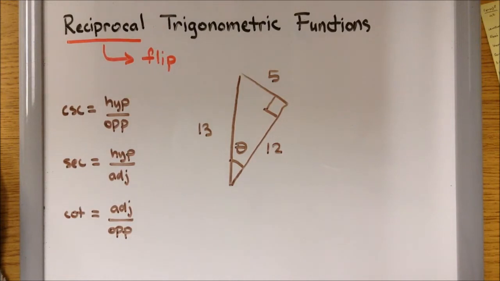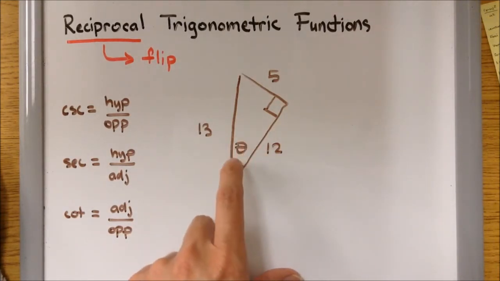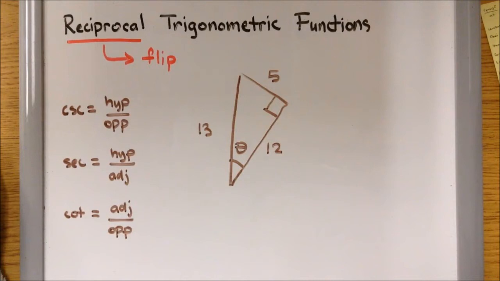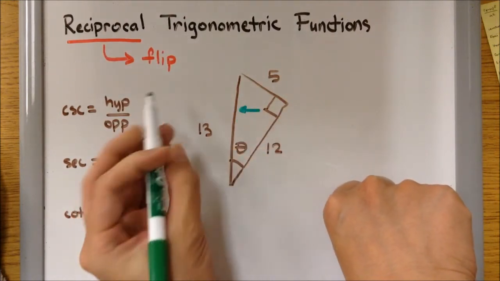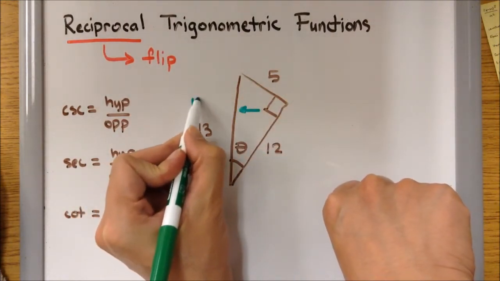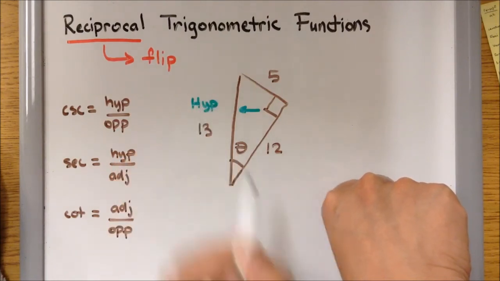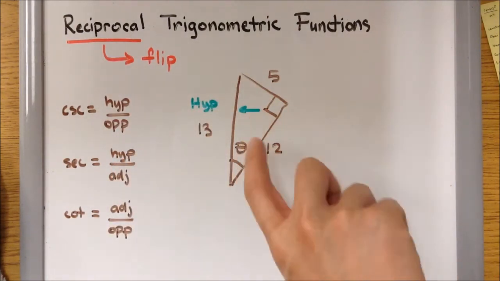Now given this first example, we have this right angle triangle with sides 5, 12, and 13, and given angle theta. When you're given a triangle, the first thing to do is identify the hypotenuse, which is always across from the right angle. So this will be the hypotenuse. Now here is my angle theta.